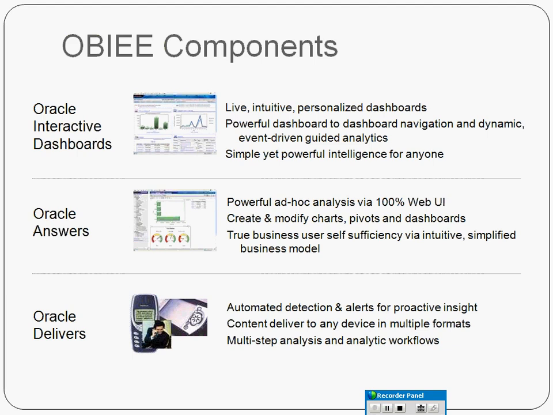So it gives a powerful ad hoc capability for people to slice and dice and reformat the data the way they want. Oracle Delivers is automated, and it could be a delivering mechanism.